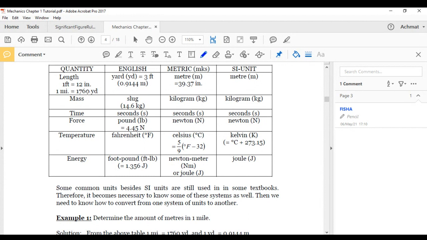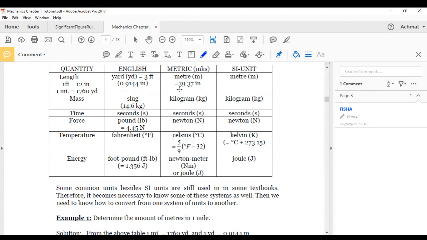And what do we also know? 1 mile is 1760 yards. We know, for example, 1 kilometer is 1,000 meters. In the metric or the MKS system, the unit of length will be the meter.